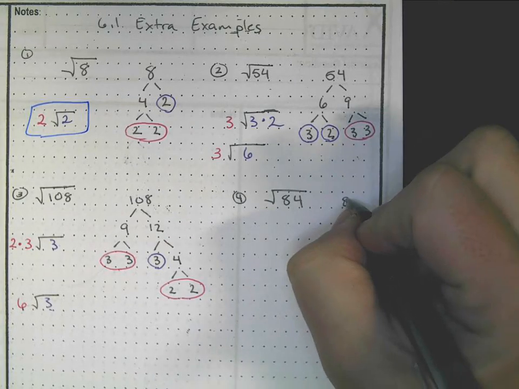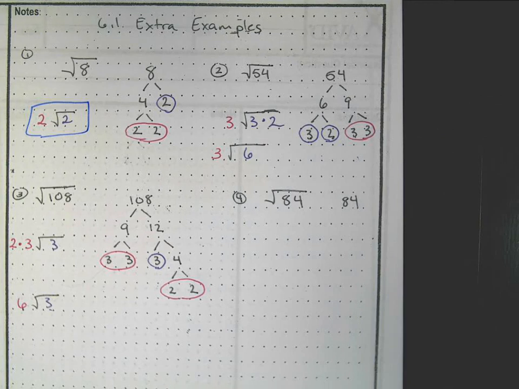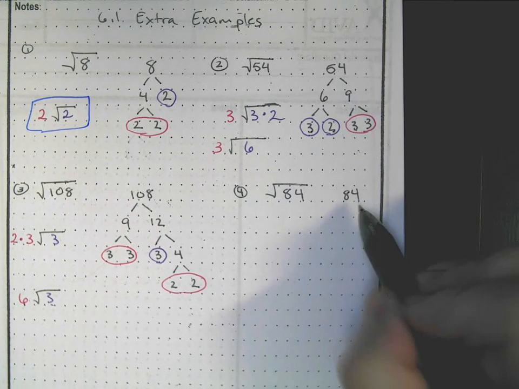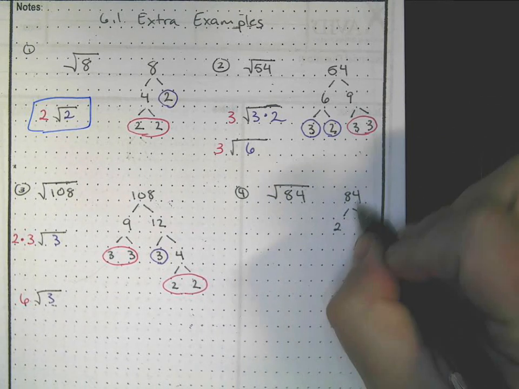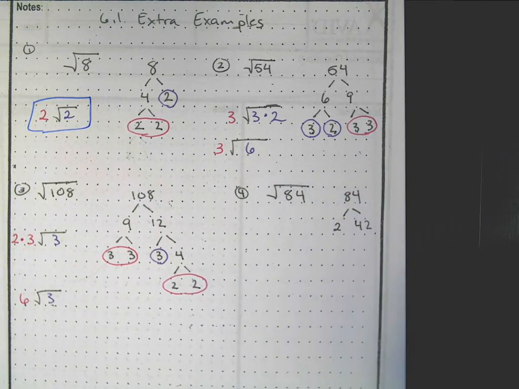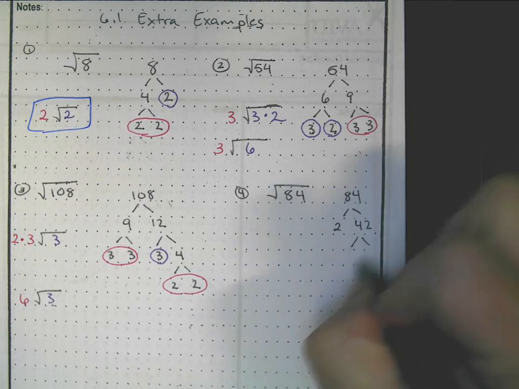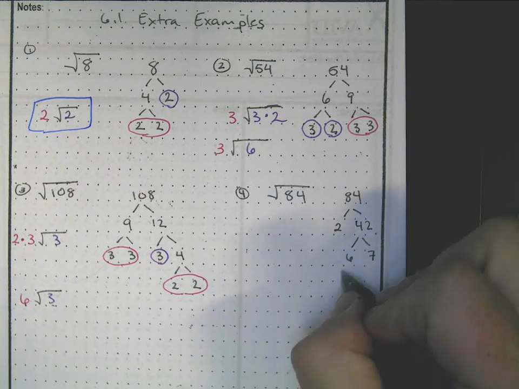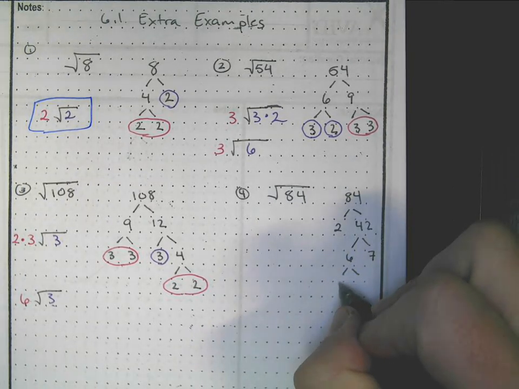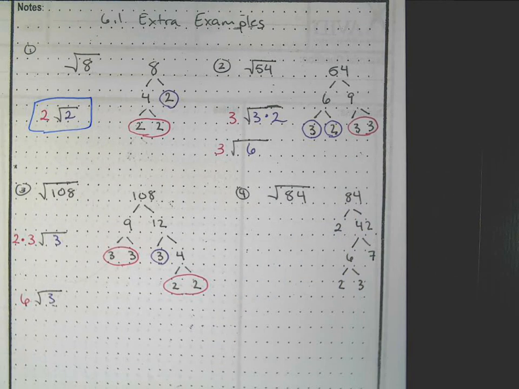When I look at 84, we'll write our number down and we'll start creating our factor tree. Well, 84 is an even number, so I'll start by saying, well, 2 times 42. And then 42 can break down to 6 times 7. And 6 can break down to 2 times 3.